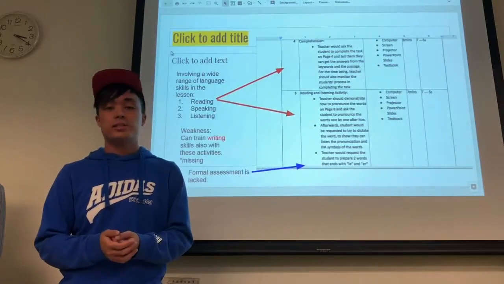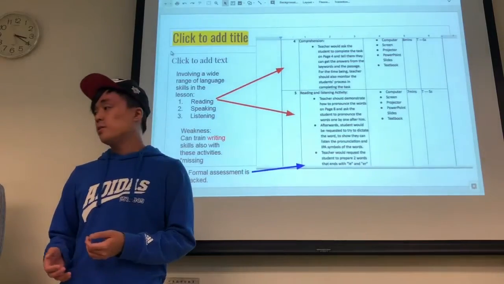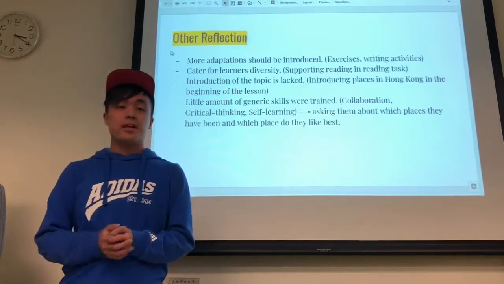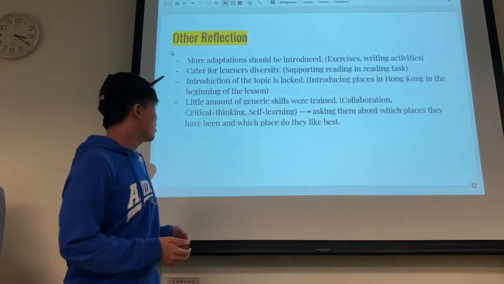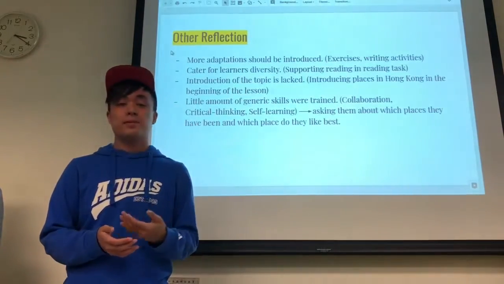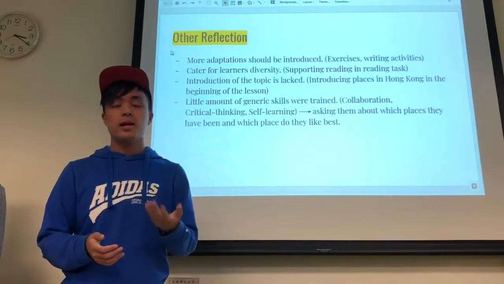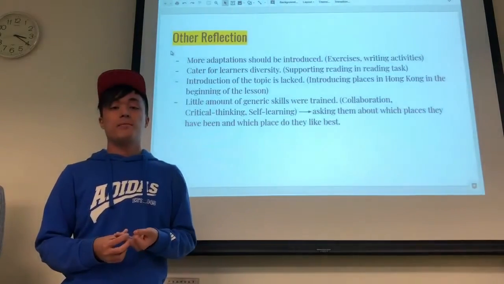Another weakness is that I think a formal assessment is lacking in the lesson. About the other reflection on the lesson, I think more adaptations should be introduced, maybe some exercises or writing activities, as a form of formal assessment.